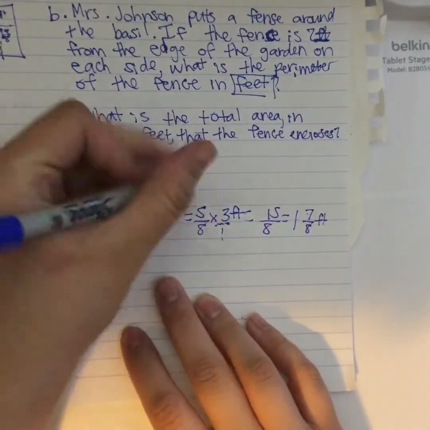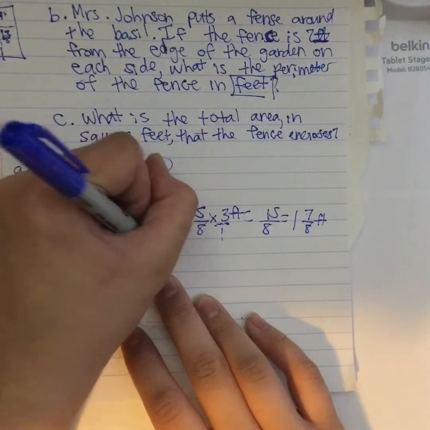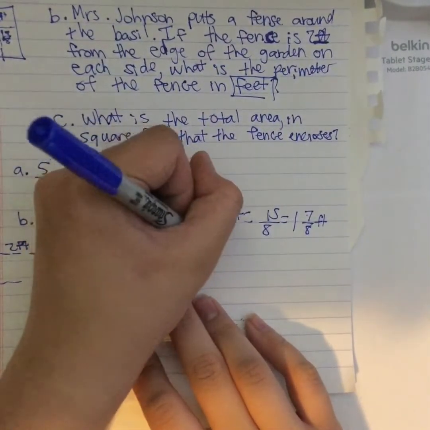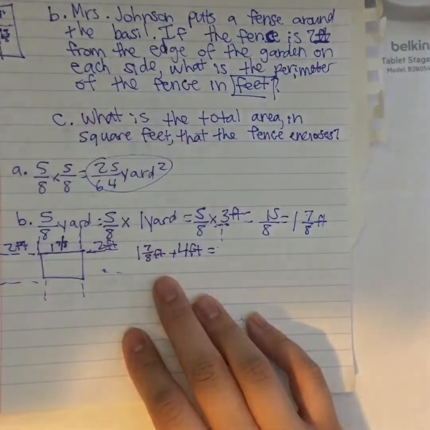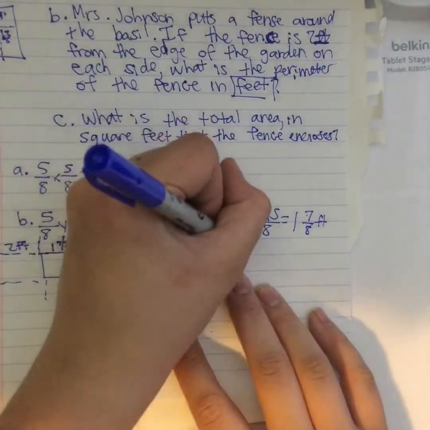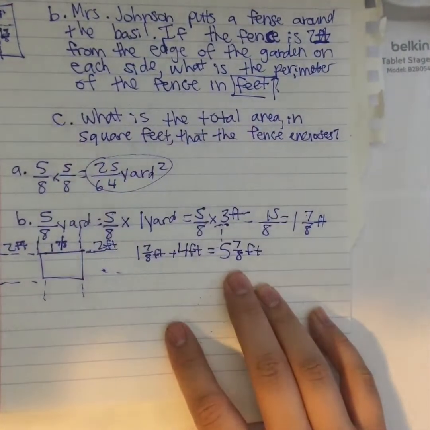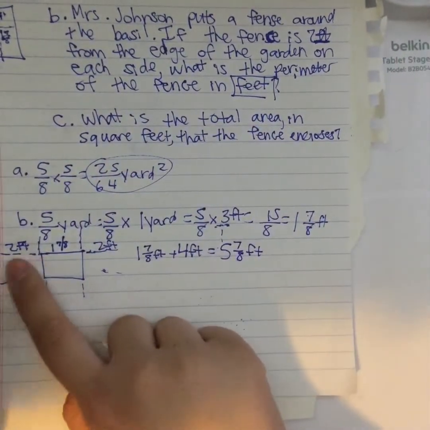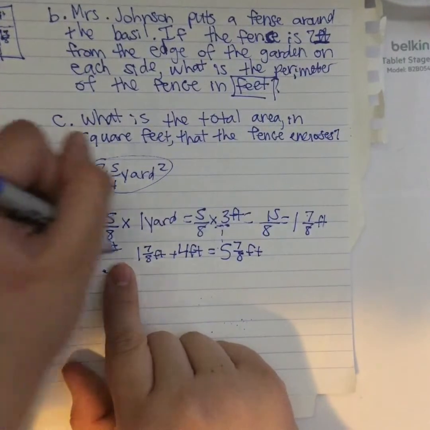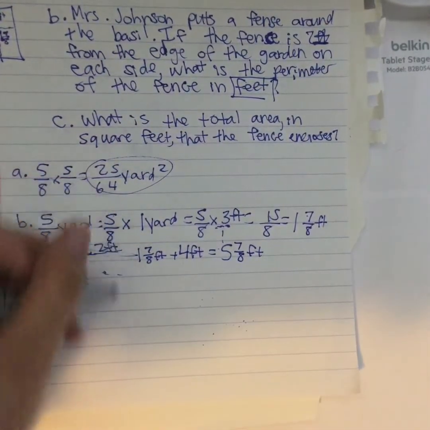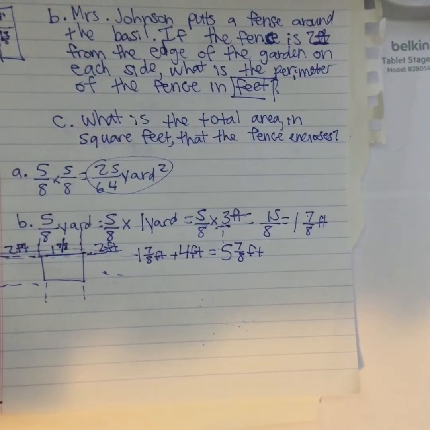So we have 1 7/8 feet plus 4 feet, and that is equal to 5 7/8 feet. So now we know that this whole side right here in the center is 5 7/8 feet. Each side is 5 7/8 feet.